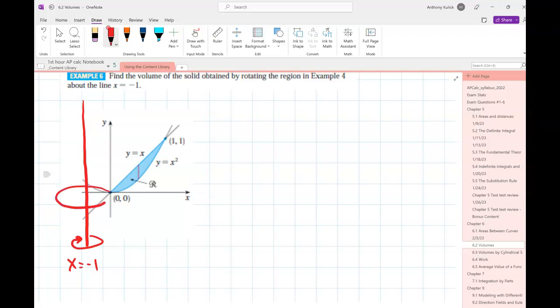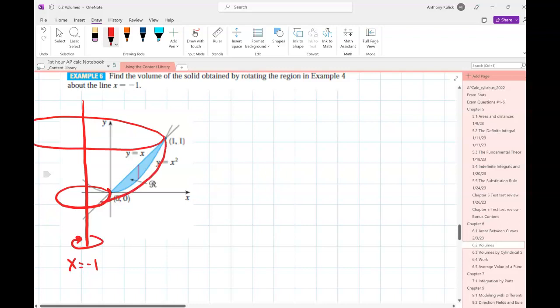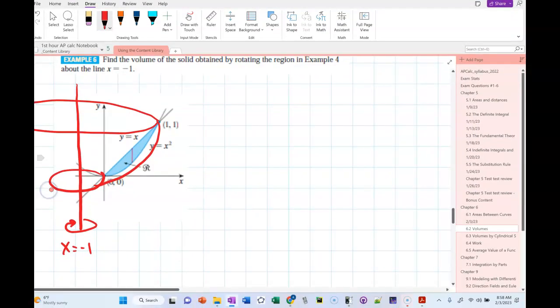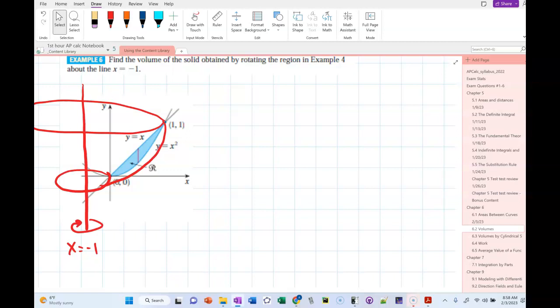You're going to have an opening here and a big opening here, curved on the outside, but the inner rim will be kind of straight. It'll be kind of like that.